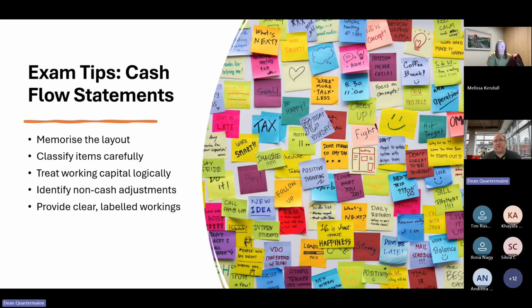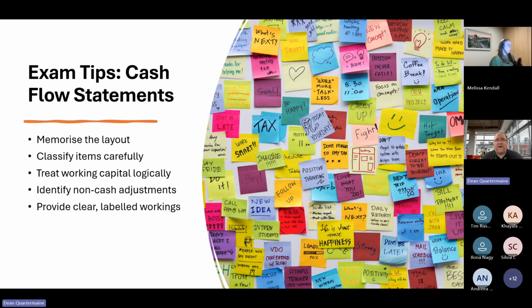Make sure you treat your working capital logically. So, increase or decrease in inventory, increase or decrease in receivables, increase or decrease in payables. Make sure you can identify your non-cash adjustments, so depreciation mainly.